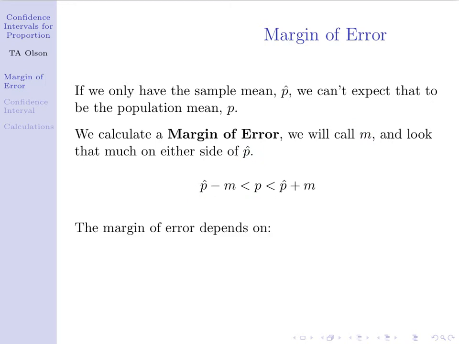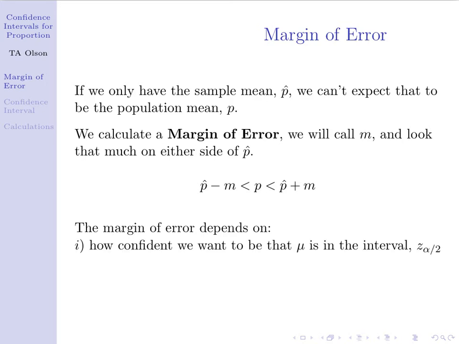Right, and as last time, the margin of error is going to depend on a couple things. It's how confident we are that P is in our interval, and our Z alpha over 2. This critical level in terms of the Z's is going to, again, carry this confidence level.